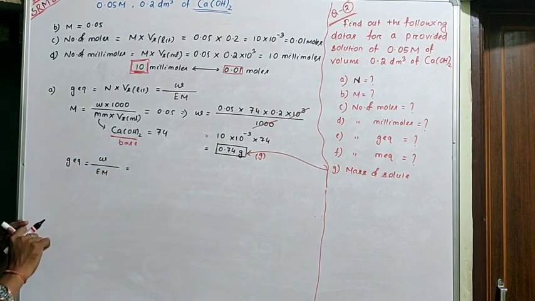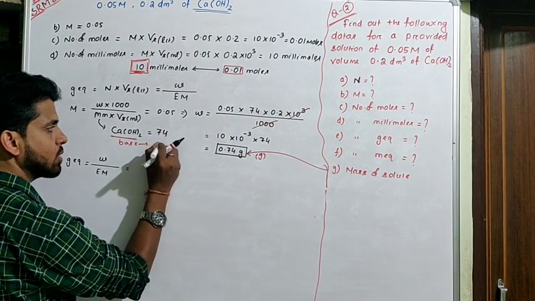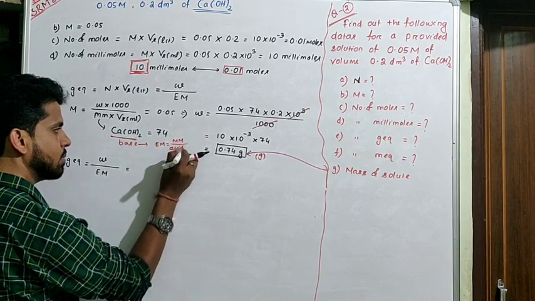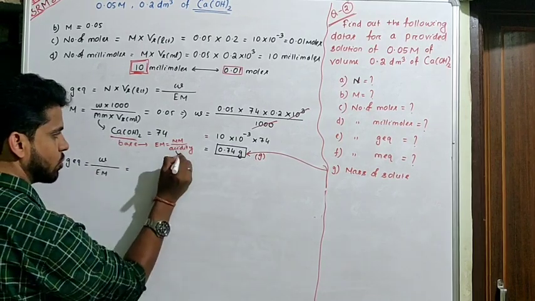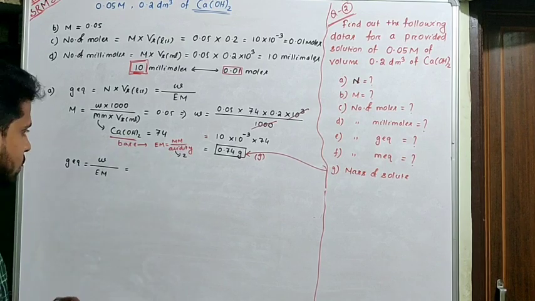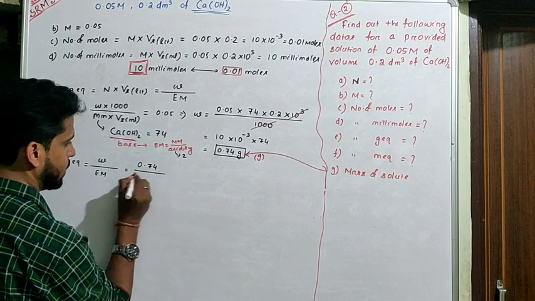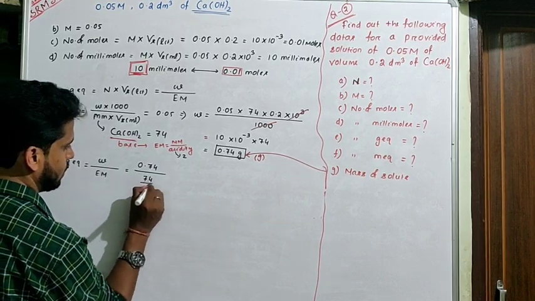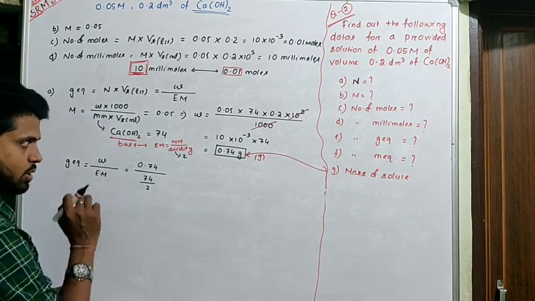As it is a base, the equivalent mass is equal to molar mass by acidity. So what is the acidity for Ca(OH)2? It is 2, the number of replaceable hydroxyl ions. So 0.74 divided by the equivalent mass, 74 divided by 2, molar mass by acidity.